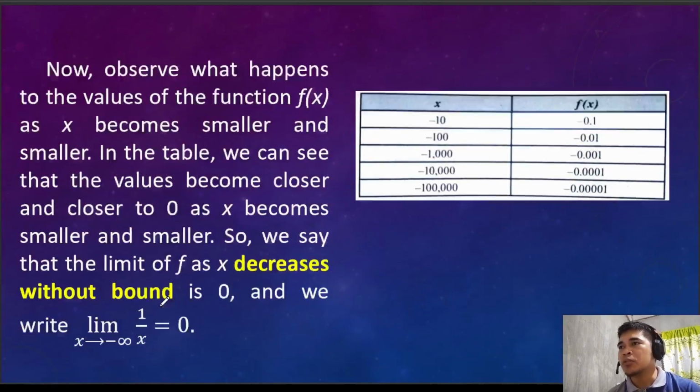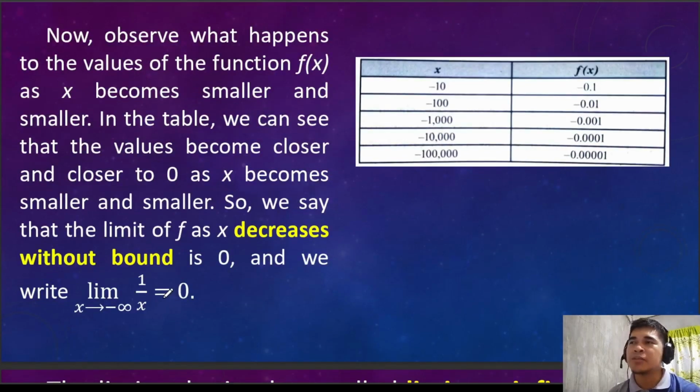Now observe also kung say mahitabo sa values of the function f of x as x becomes smaller and smaller. So from negative 10, we have negative 100, negative 1,000, negative 10,000, negative 100,000. So smaller and smaller. So the values of our f of x become closer and closer to 0 as x becomes smaller and smaller.